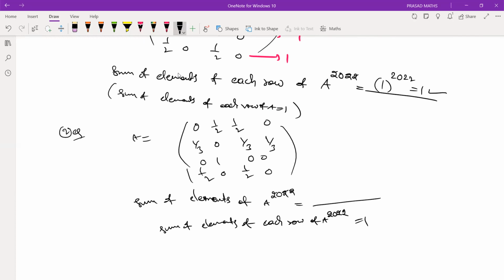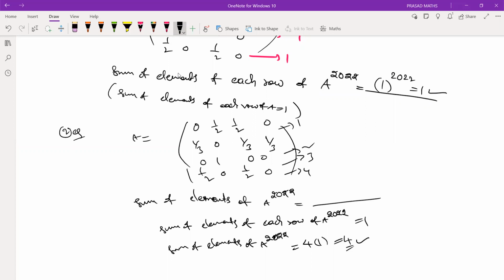How many rows? 1 row, 2 rows, 3 rows, 4 rows. Therefore, sum of all elements of A power 2022 is 4 into 1, because this row sum is 1, this row sum is 1, this row sum is 1, this also 1. So 1 plus 1 plus 1 plus 1, that means 4 times, that is equal to 4.